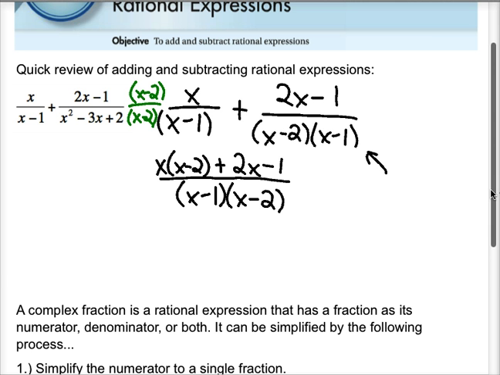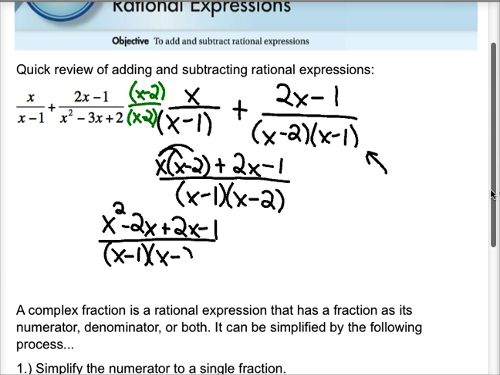So that means I'm getting x squared minus 2x when I distribute that, plus 2x minus 1 over that same denominator. Now, when I go to simplify the top, the minus 2x plus 2x, I cancel that off.